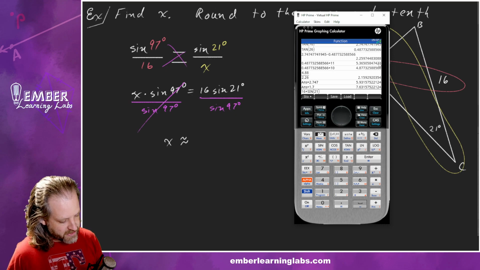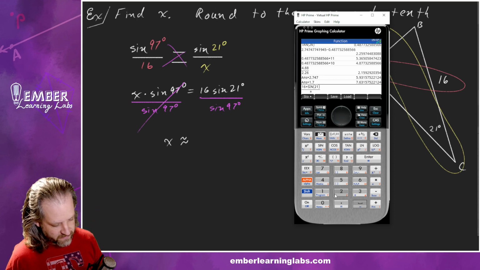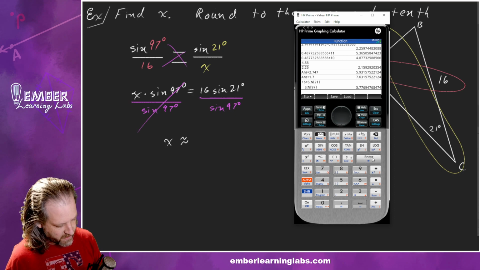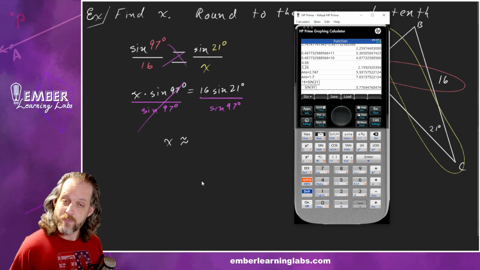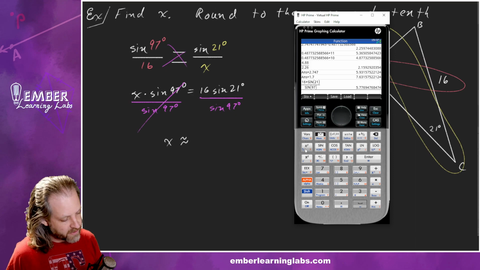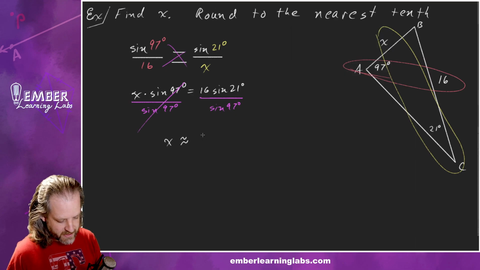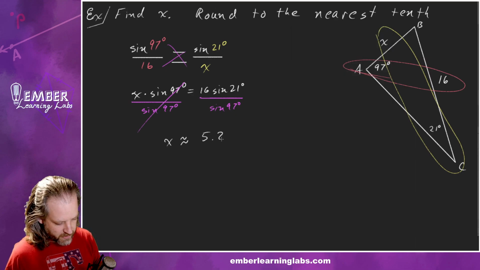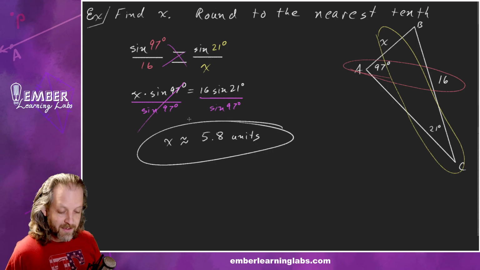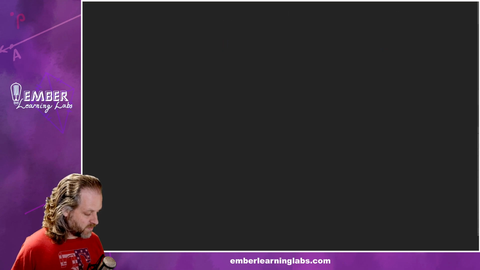We know it's degrees because our calculator's in degree mode. Then divide by the sine of 97. So x is approximately equal to, rounding to the nearest tenth, 5.8 units. Great. It's that simple. Easy peasy.